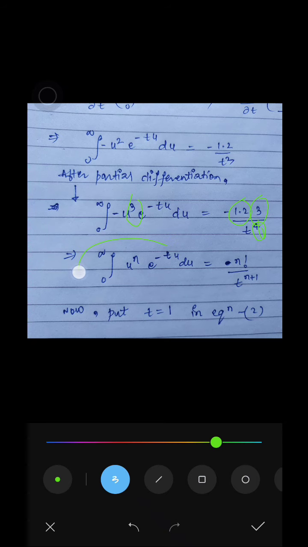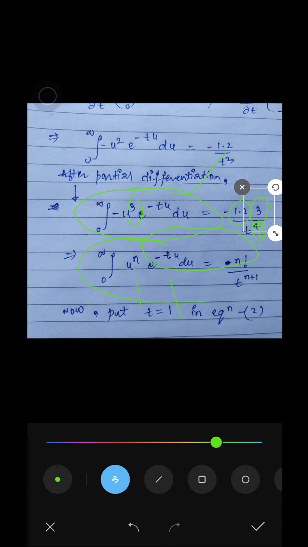So if we go to the general equation for the nth partial differentiation, where we differentiate for the nth time, we obtain u raised to the power n e raised to the power minus t mu, and n factorial over t raised to the power n plus 1, where n is the same as 3 and 3, and n plus 1 is like 3 plus 1, 4, over here.